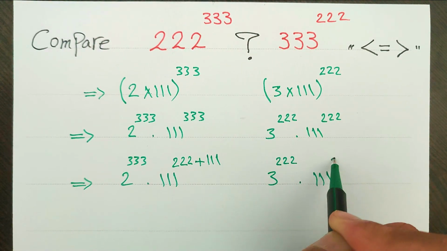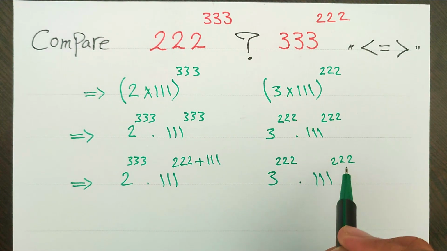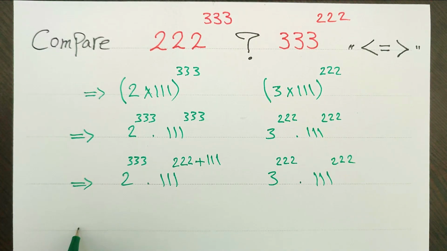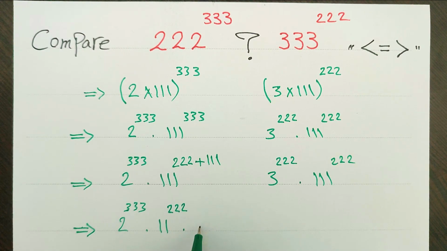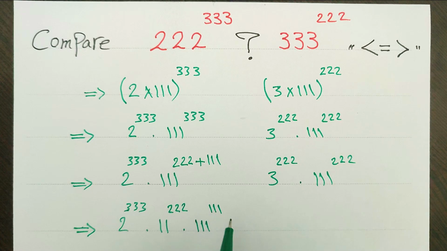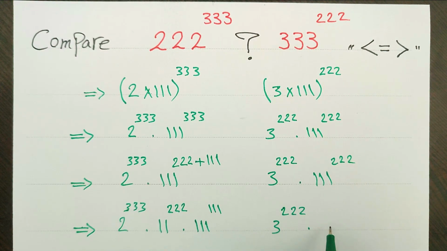In the next step, we expand the left-hand side as follows. 2 to the power of 333 times 111 to the power of 222 times 111 to the power of 111, while the right hand side stays unchanged.